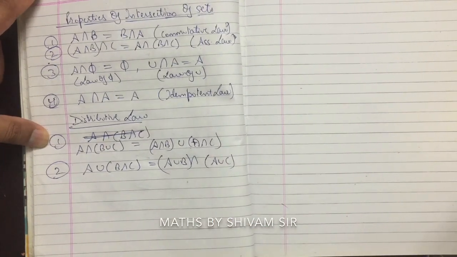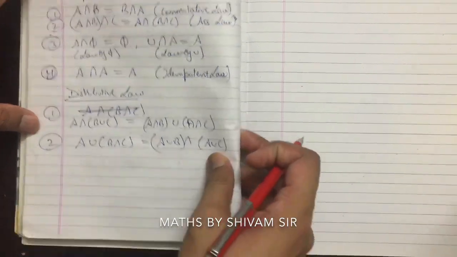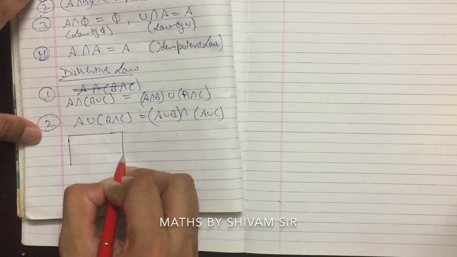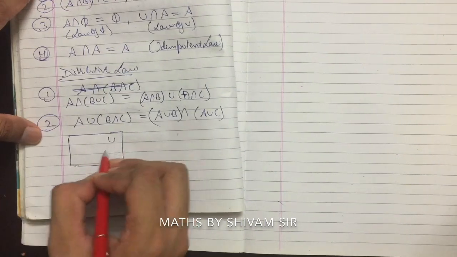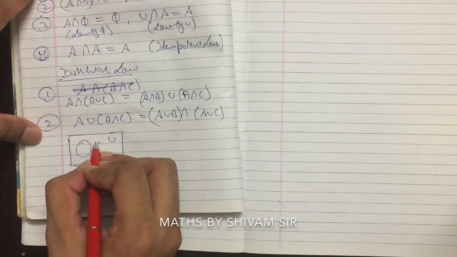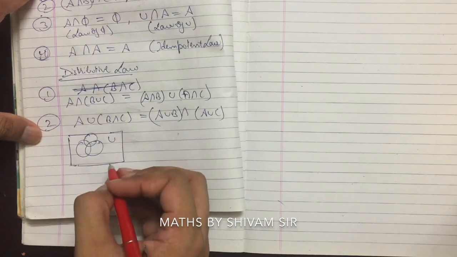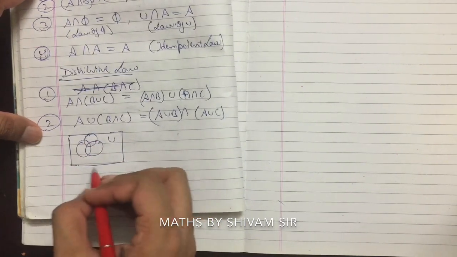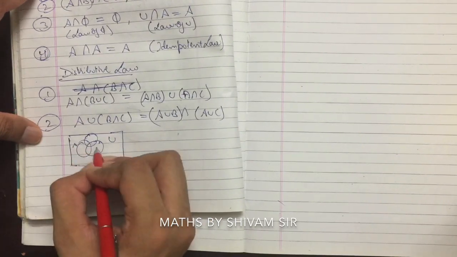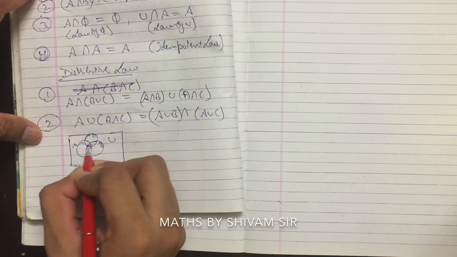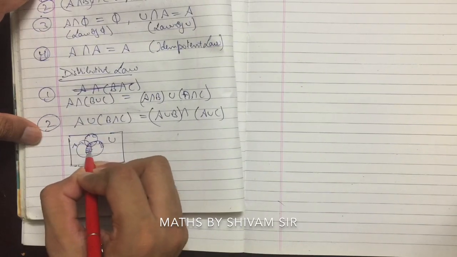So let's talk about the Venn diagram for it. If this is the universal set, these are three sets A, B and C. If this is A, this is B and this is C, then A intersection B will be this set, this one.